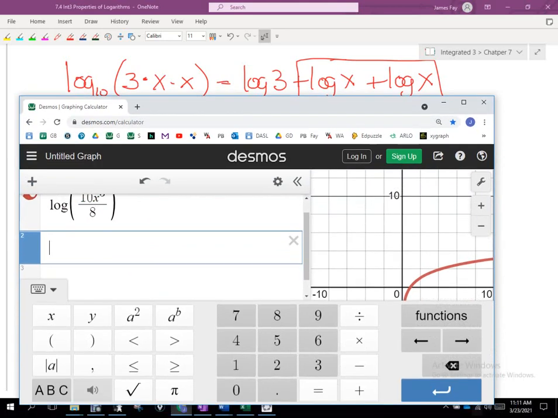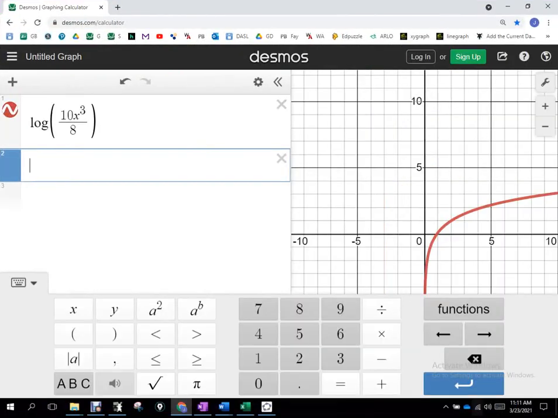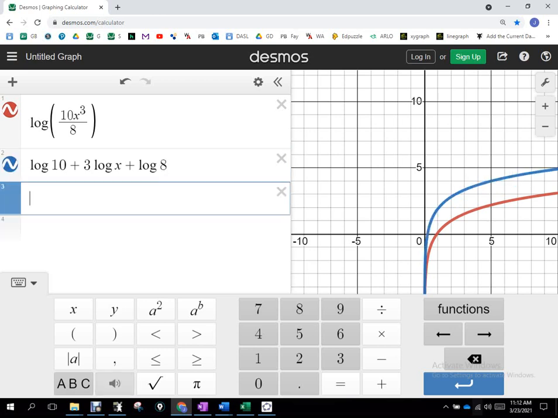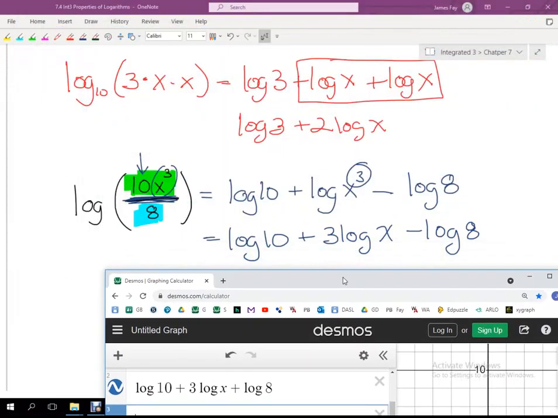All right, so if we have that now, I used x, so you see that's graphing over, that's okay. If I go log, so let's go log of 10, okay, plus then 3 log of x, plus then log of 8. Did I do something wrong here?